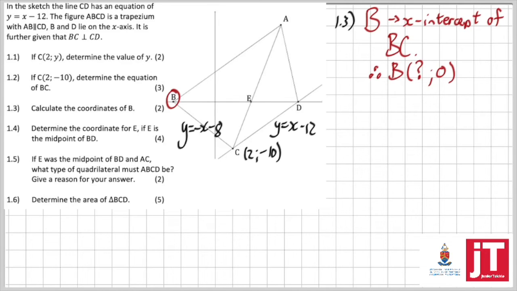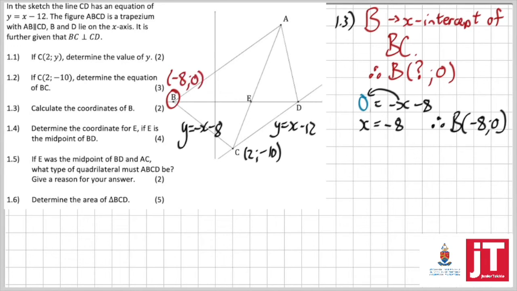But I don't know what the x value is. Again, I can substitute because I have the equation of BC. I make the y value 0 and I solve for x. So B must be (-8, 0). As easy as that.